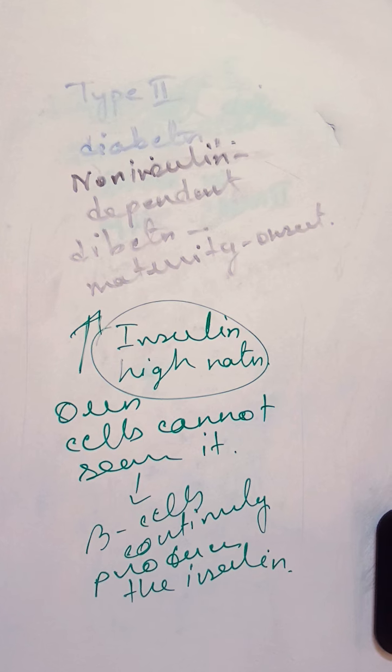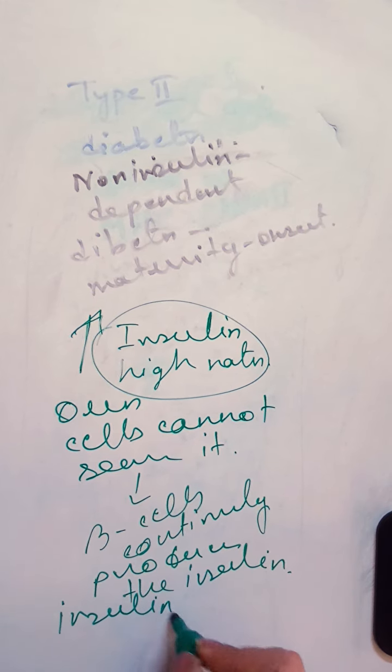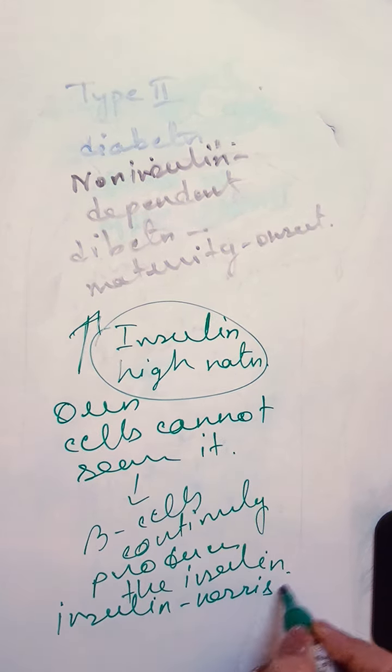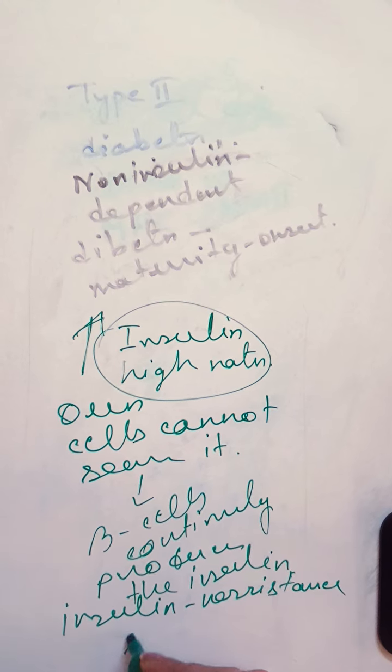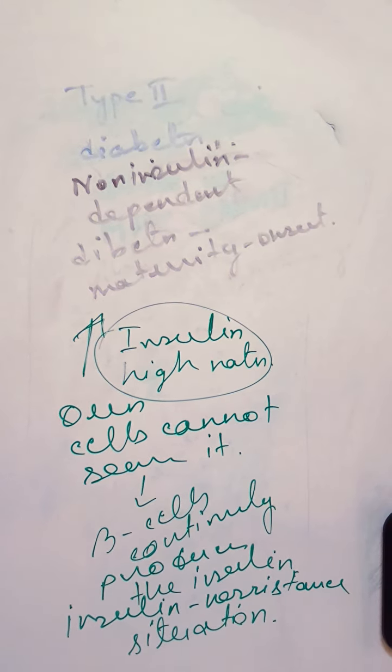So insulin increases in our body to the highest level, and that is actually known as insulin resistance, a situation in our body which causes type 2 diabetes in us.